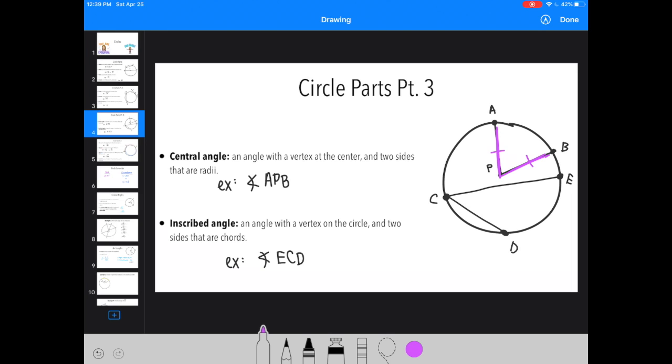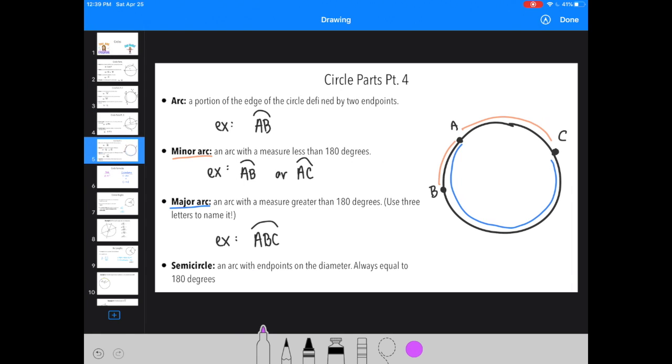If that angle does not meet at the center, so its vertex is not at the center, but the vertex is on the circle, and its 2 sides are chords, not radii, that's going to be an inscribed angle. So if the vertex is on the circle, it's inscribed. If it's in the center, it's called a central angle.